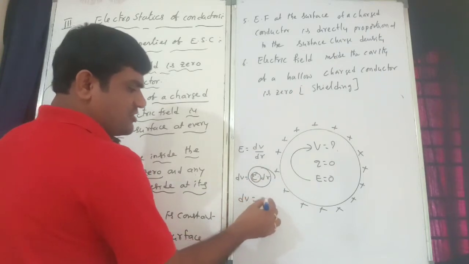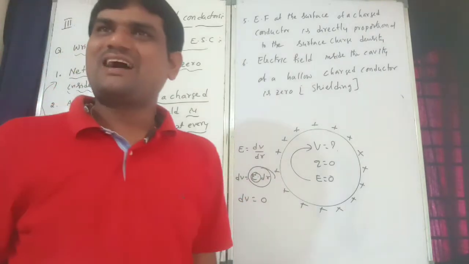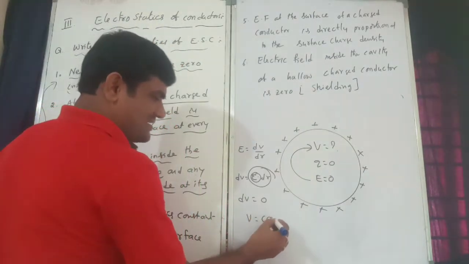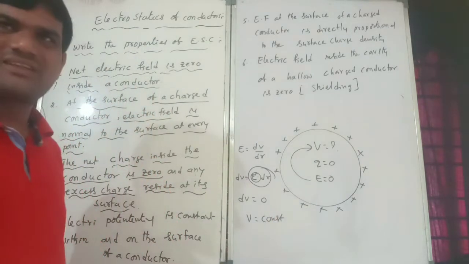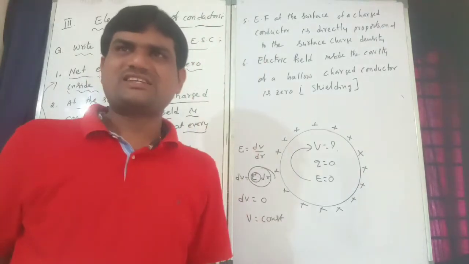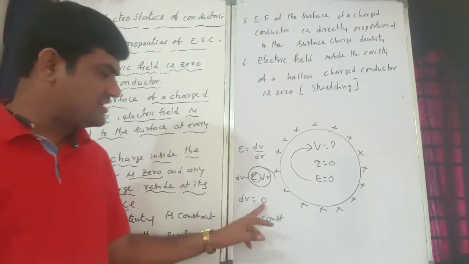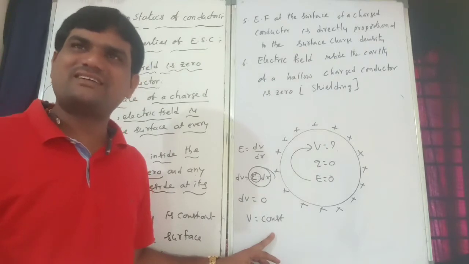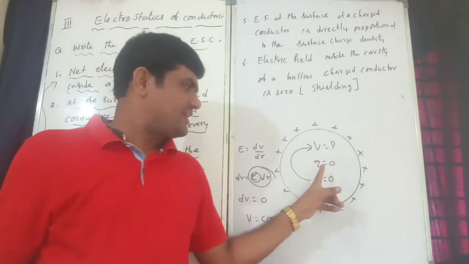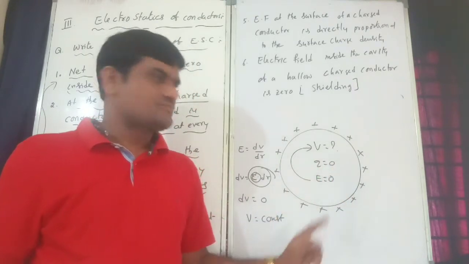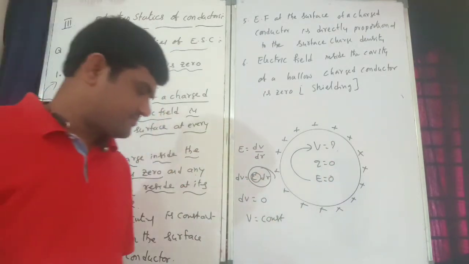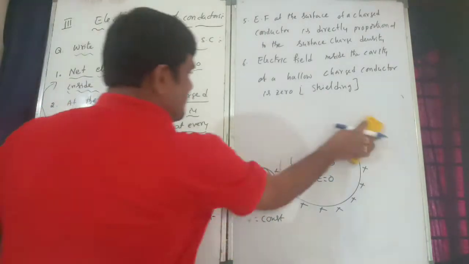That means delta V is equal to 0, but V is constant. Correct or not? So that is the reason: inside, charge is 0 and E is 0, but potential is constant. Alright, that is the fourth point.